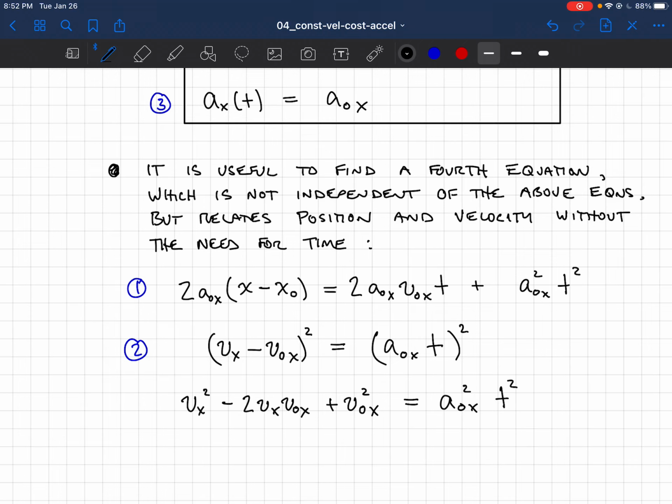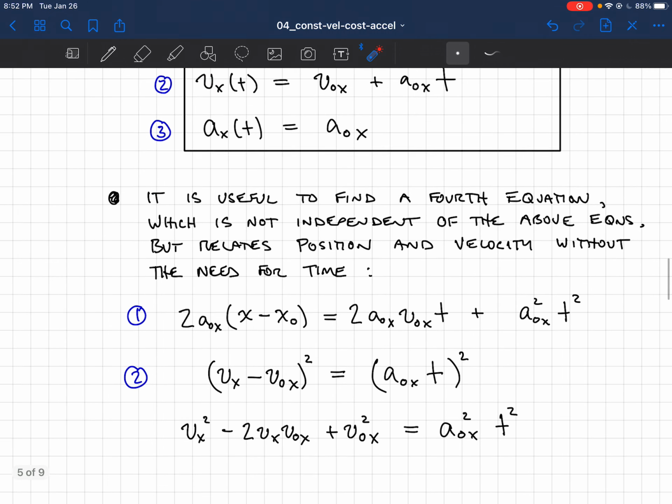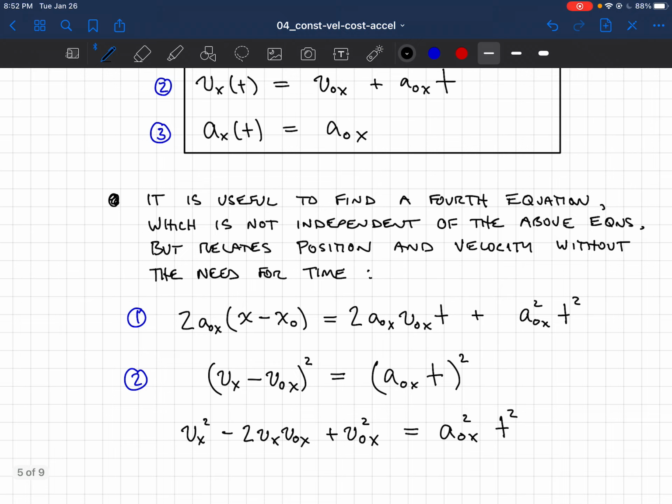Now at this point, I can replace this vx with this equation up here. So let's do that. So I have vx squared minus 2v0x times v0x plus a0x t plus v0x squared, and that's equal to a0x squared t squared.